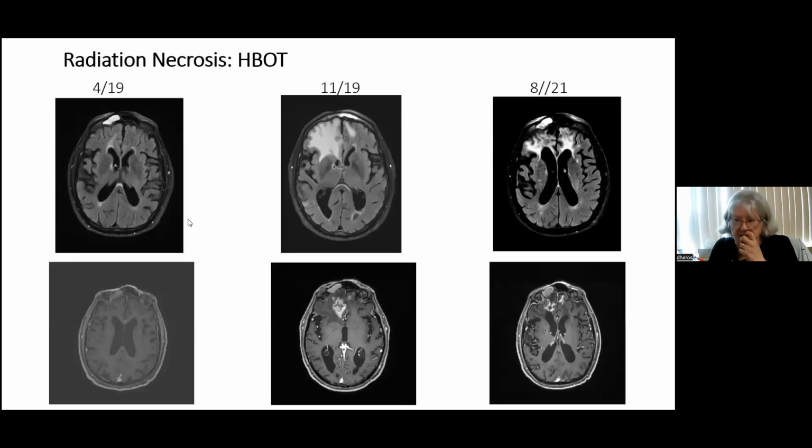And this is a patient who was treated for a rare lacrimal gland cancer, received head and neck radiation, and about a year later, after radiation, developed frontal lobe symptoms. The daughter of this older gentleman said that he stopped texting, he stopped reading, lost interest in eating and socializing, and the MRI showed the development of radiation necrosis.